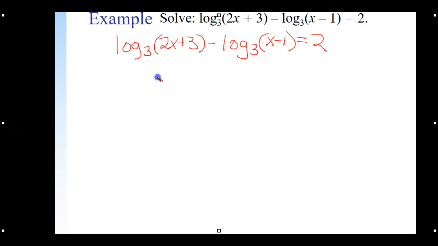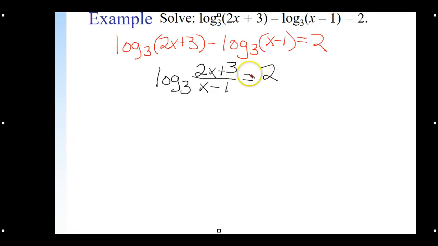So this will become log of base 3. And this is going to be in the numerator 2x plus 3, while this will be in the denominator x minus 1, and this is going to equal 2.